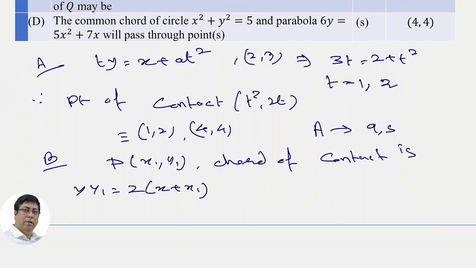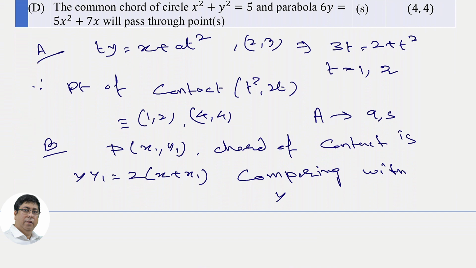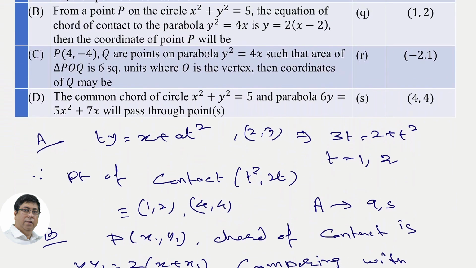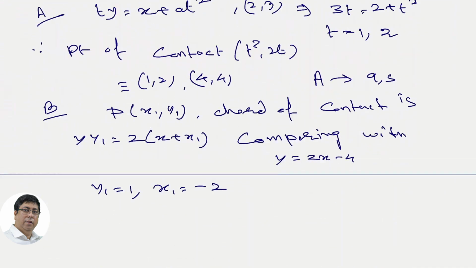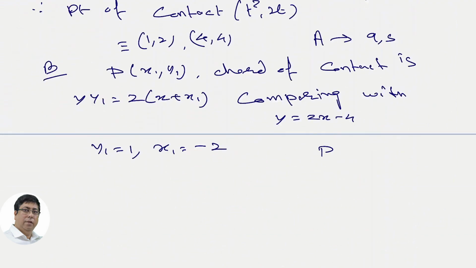Now comparing with y equal to 2 into x minus 2, we are getting y1 equal to 1 and x1 equal to minus 2, which satisfies the circle x square plus y square equal to 5 also. Therefore, minus 2 comma 1. Here option number R. So B is connected to R.